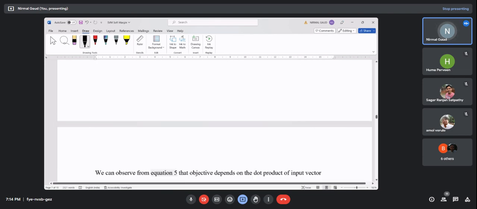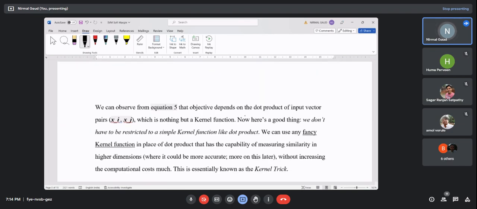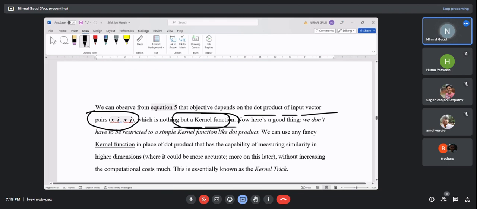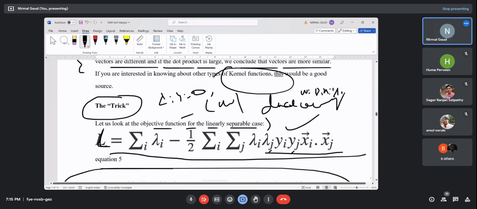What's happening next? We can observe in equation 5 that the objective function depends on the dot product of the input vectors xi and xj, which is nothing but a kernel function. Xi and xj are said to be the kernel functions. Here we have the xi vector and the xj vector.